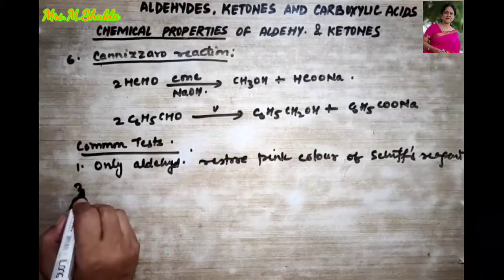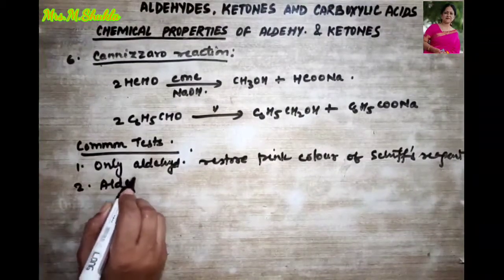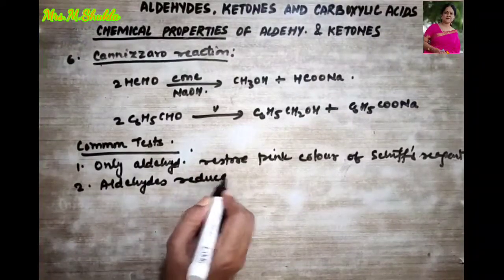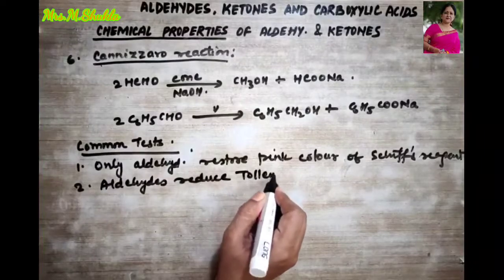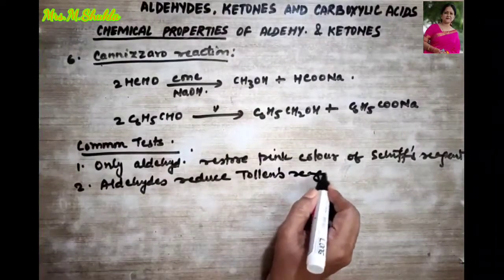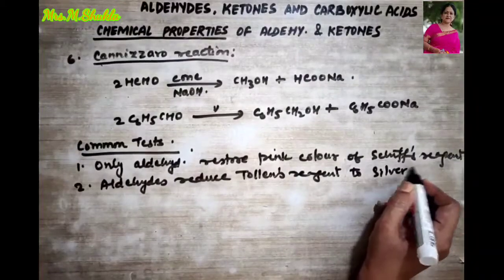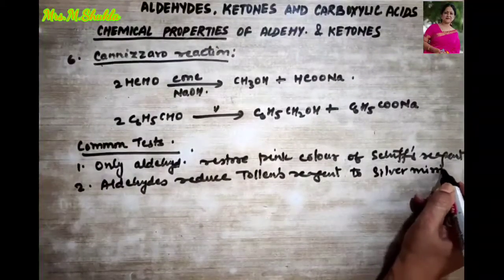And aldehydes, number 2, reduce Tollens reagent to a silver mirror. This reaction I had shown you.